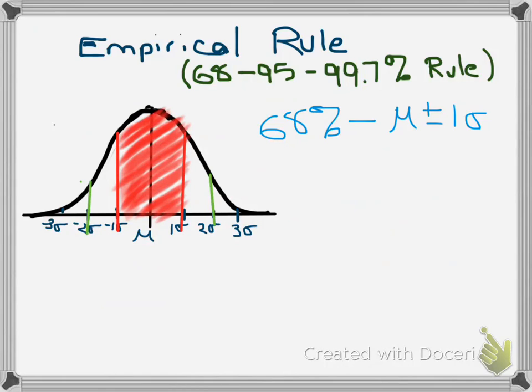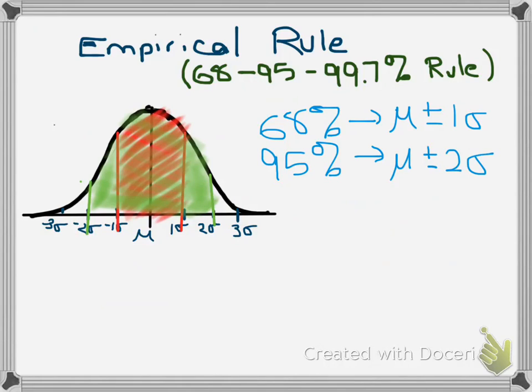So I'm going to color that in here. There we go. 95% of the data is between 2 standard deviations above and below the mean. So that's what I have shaded here in green. So 95% of the data is between the mean plus or minus 2 standard deviations.